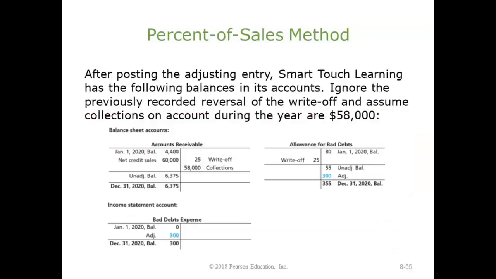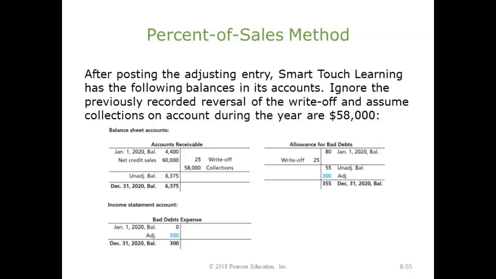So in this case, you can post your entries up, and over here on the allowance for bad debt, there are only two transactions that are really going to affect the allowance for bad debt. Number one, you're going to have your write-offs.